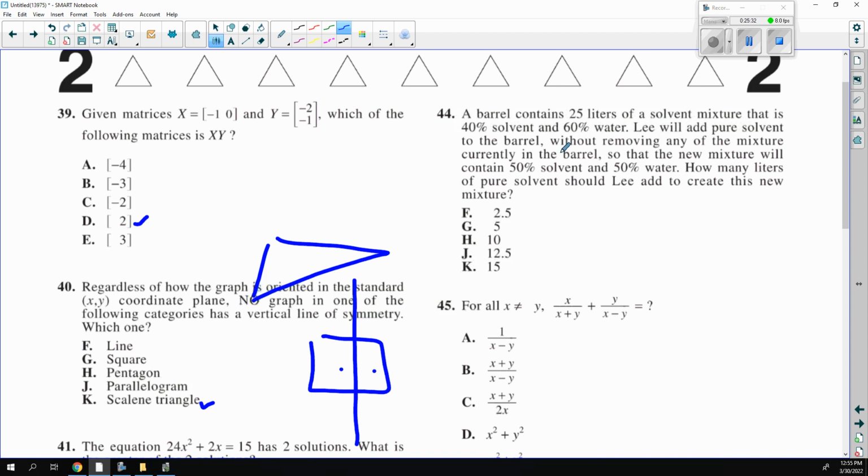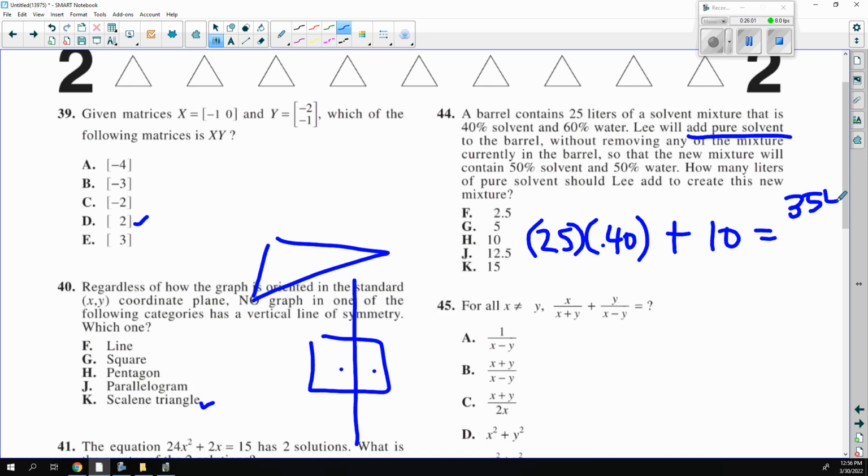25 liters, that is 40% solvent. And we're going to add pure solvent. How much? So I just say 25 is 40% solvent. Now I'm going to plug and chug. What if we add 10 solvents? Then we would have 35 liters total, right? Because we started with 25 liters.